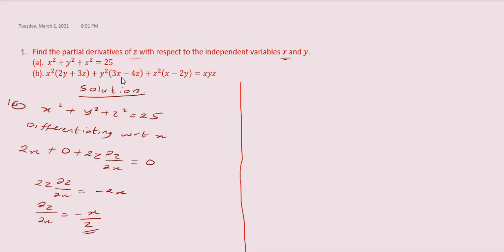Now let us differentiate with respect to y. x squared plus y squared plus z squared is equal to 25. So with respect to y now, differentiating with respect to y. Anywhere you see x, this one will be 0 now because it's now a constant, plus this one will be 2y plus 2z. Obviously I'm just doing normal differentiation.